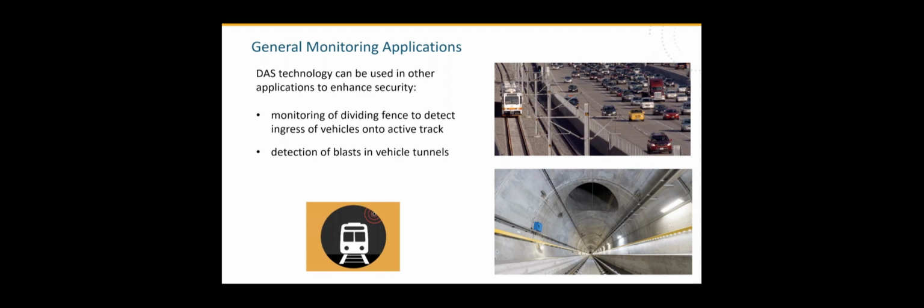So, I guess to move on through the presentation then, in addition to the application types we've already talked about, we can also cover some general monitoring applications. There's a growing interest, as illustrated in the first figure there, of ingress protection onto active rail lines.